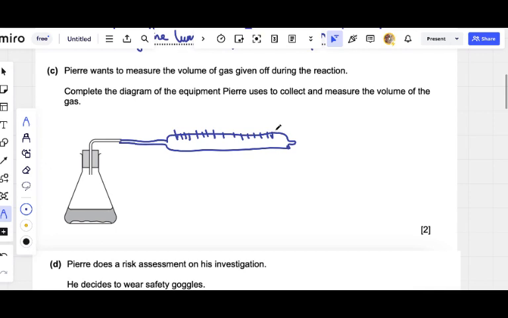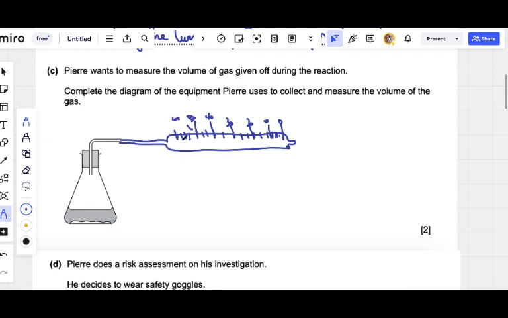Okay, let's assume here is 0, here is 10, here is 20, here is 30, here is 40, here is 50, and here 60.